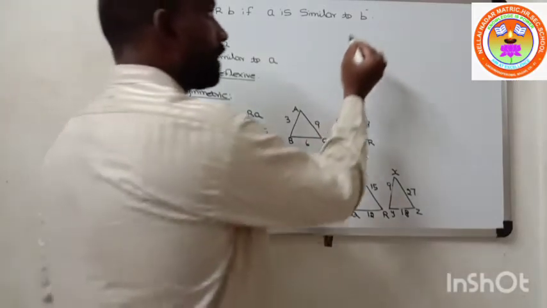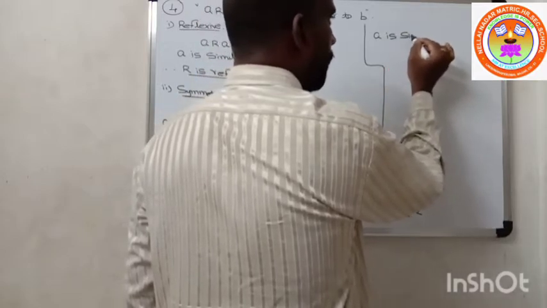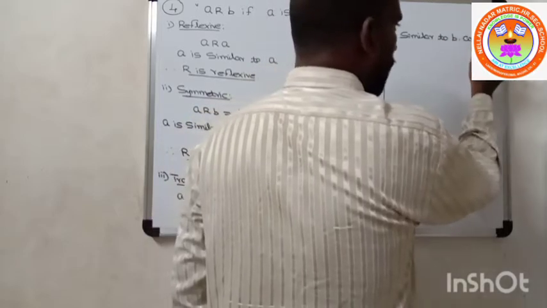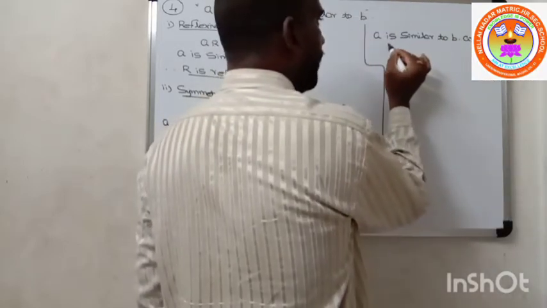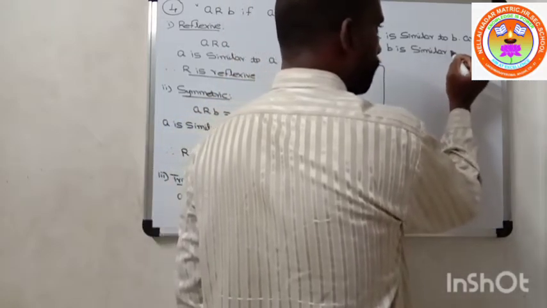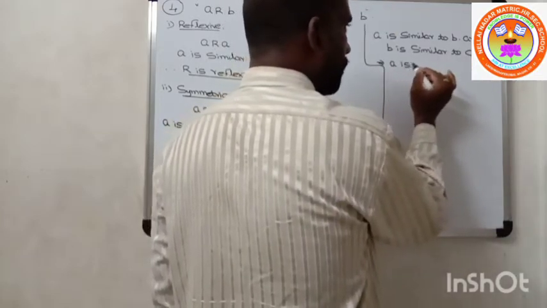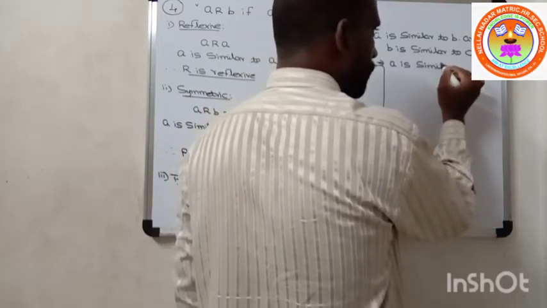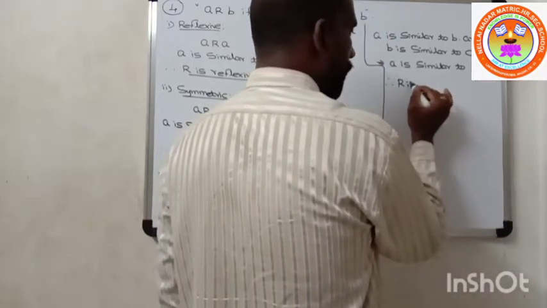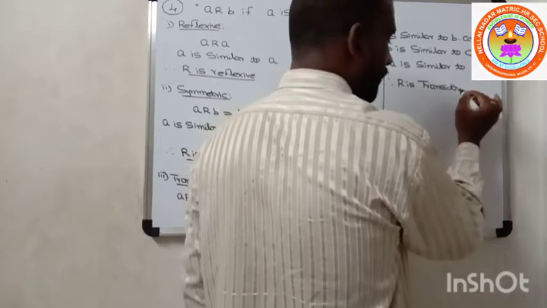A related B, A is similar to B, and B is similar to C, so A is similar to C. Therefore, R is transitive.